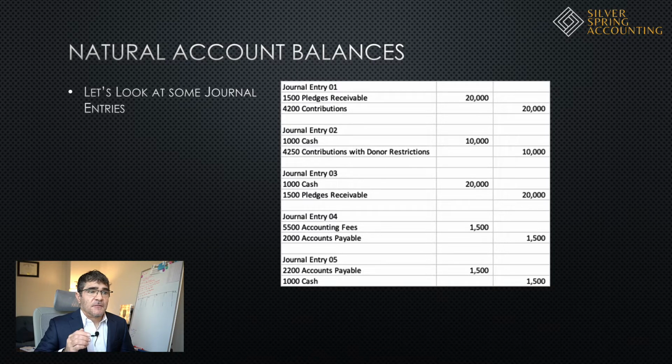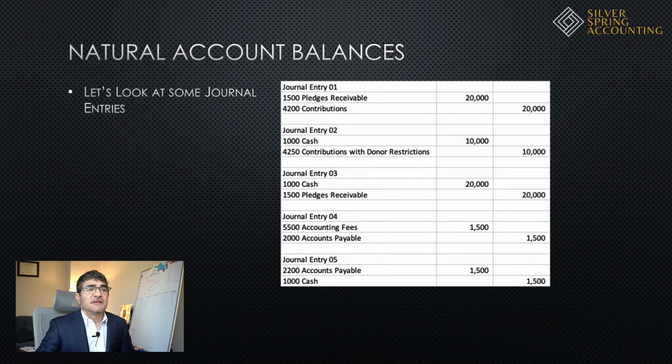So in this entry, we receive cash, but the cash is restricted with a donor restriction. So we increase the asset with a debit to cash, and then we increase the contributions with donor restrictions revenue with a credit, which increases that revenue.